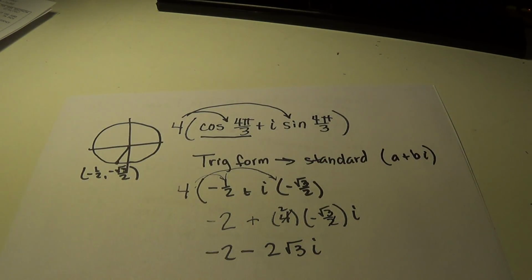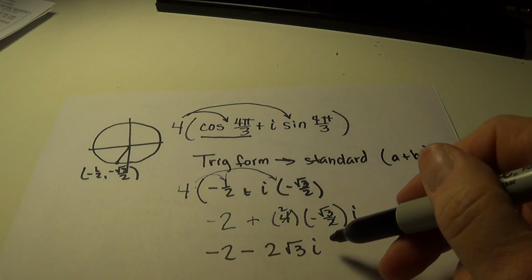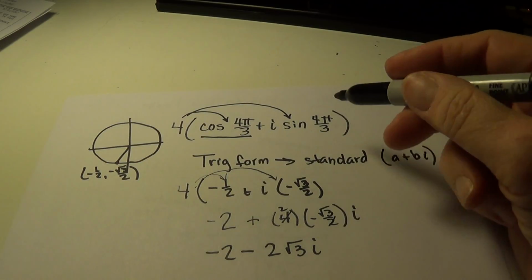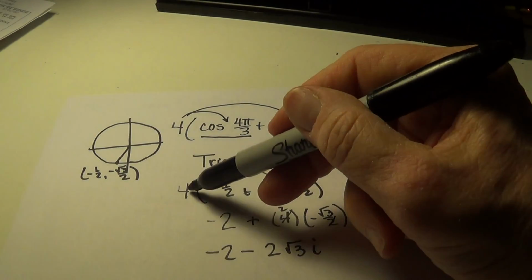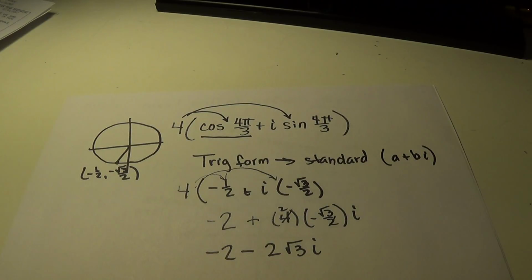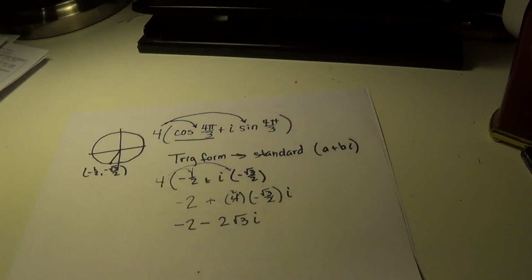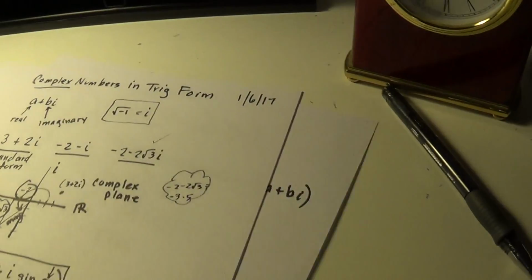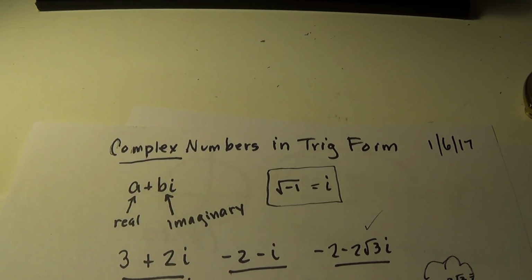And if you recall, that is where we started from when we began the problem. We were asked to put that into trig form. Then we got back to trig form by taking the cosine and sine and distributing the number to each part. I'm just going to show you one, and you won't see its value until we get a little further into working with complex numbers in trig form.